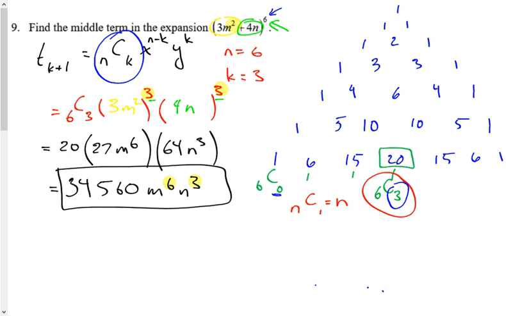It's not the amount of rows, because there's row 1, 2, 3, 4, 5, 6, 7, so this is actually row 7. But it's the second term matching the exponent that I had up there.